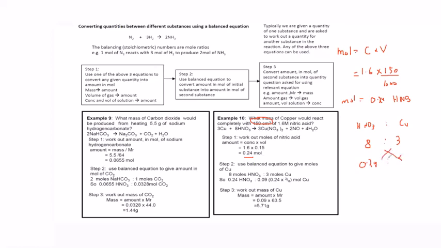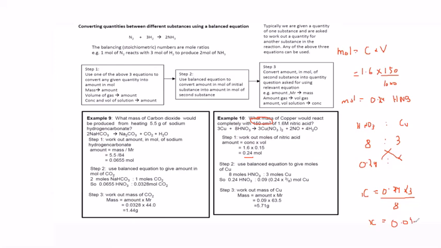Cross multiply. So X is equal to 0.24 multiplied by 3 divided by 8. When you calculate the moles, 0.24 multiplied by 3 divided by 8, you will get the moles of copper, which is 0.09.